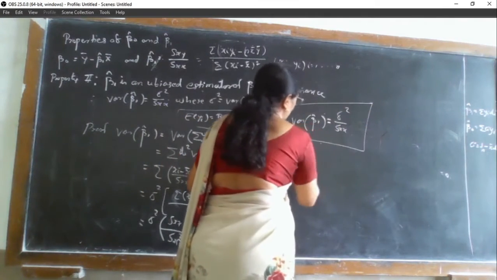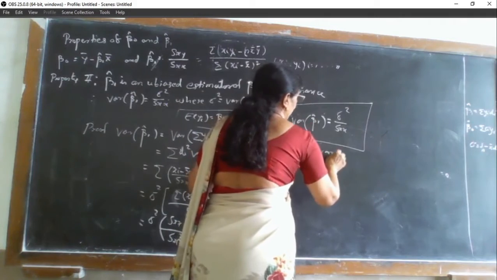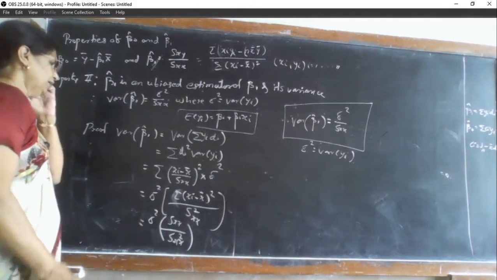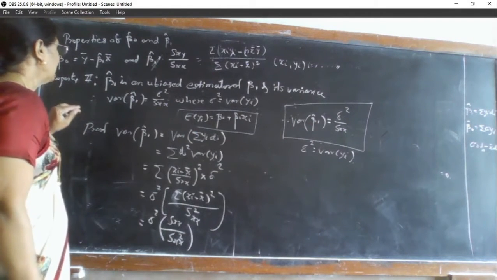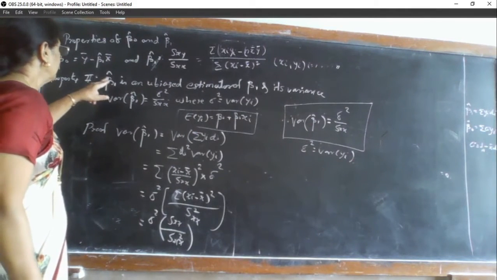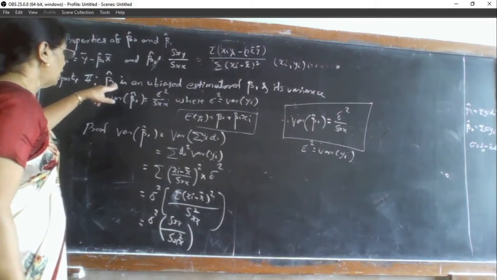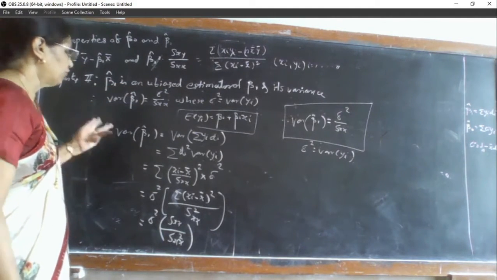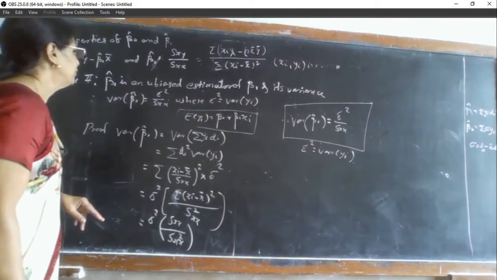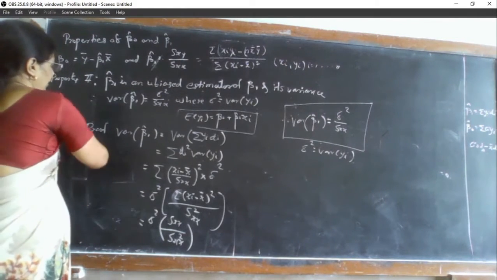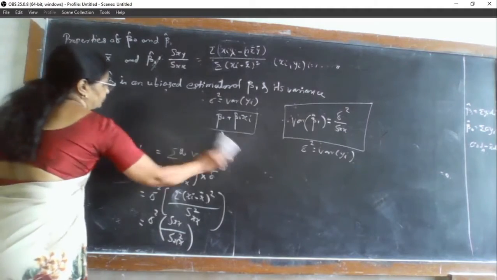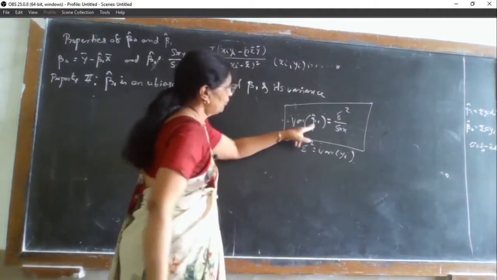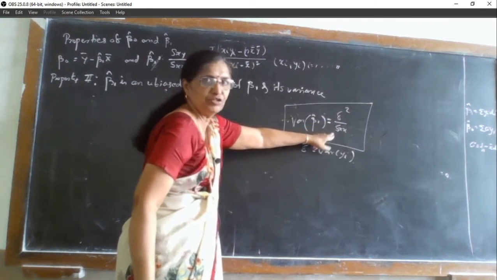And sigma square is variance of y. Okay, here is the proof. Similarly, we will now show that beta naught cap is an unbiased estimator of beta naught, and we will find the variance of beta naught cap as well.